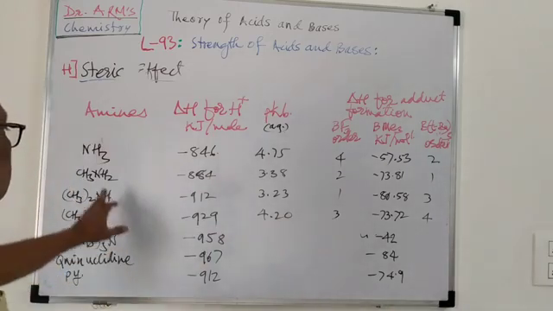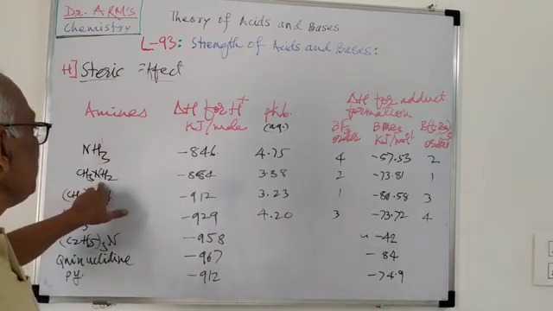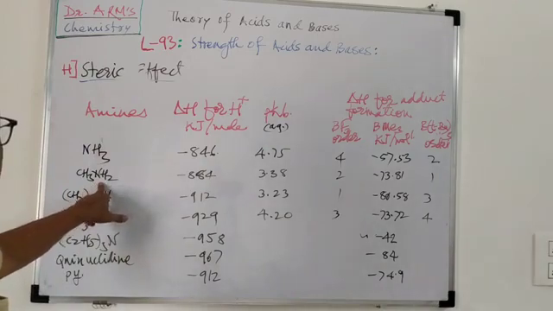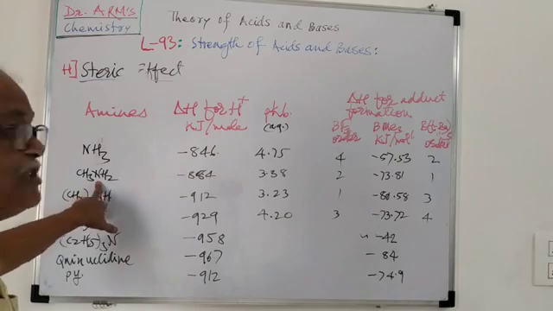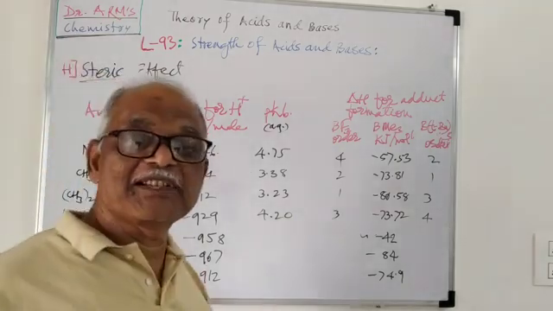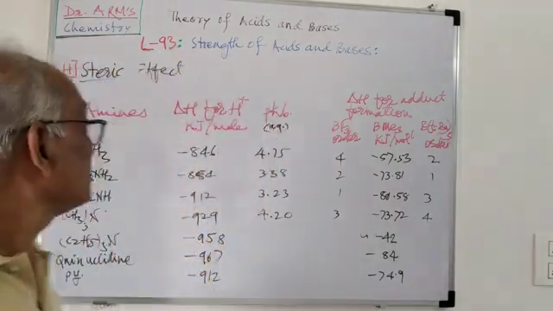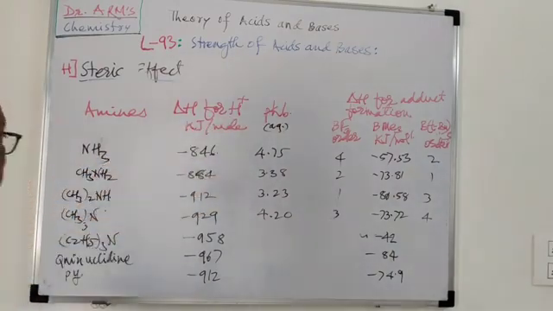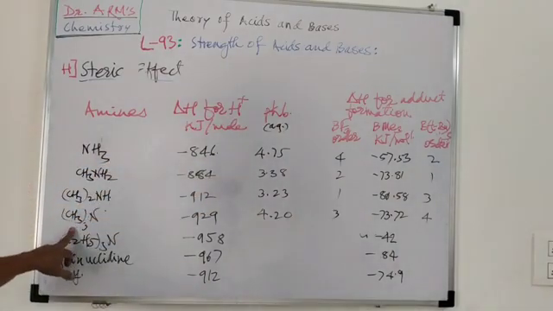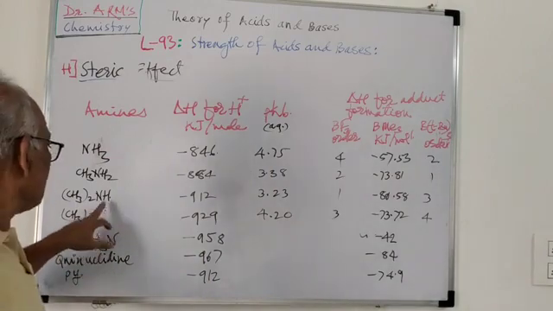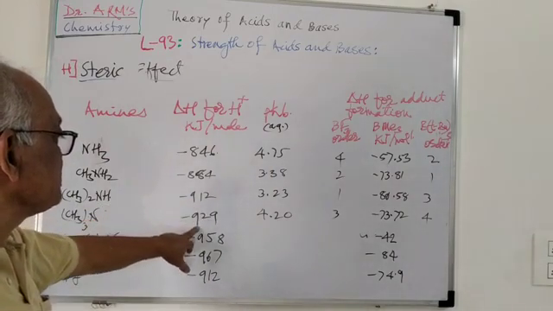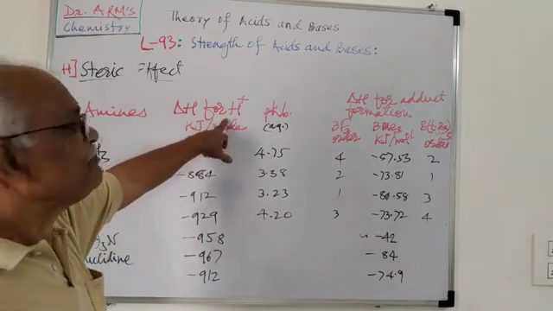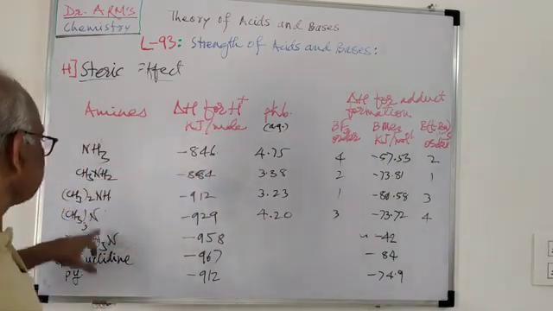This is because CH3 is electron donating, that is the inductive effect, and that is why the electron pair on nitrogen can be strongly donated to H plus. Then again in case of Me3N or Me2NH, you find that these values are increasing, meaning the strength of the base increases in this direction.